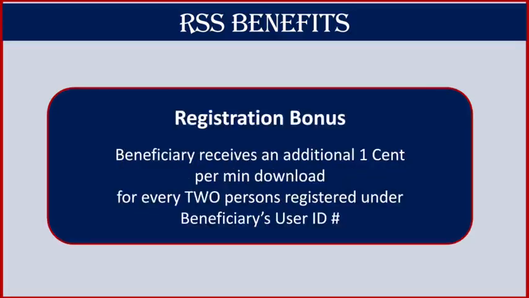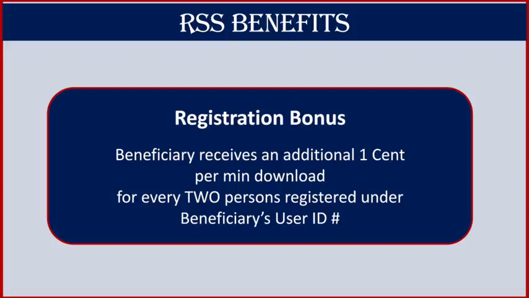The registration bonus, a beneficiary receives an additional 1 cent per minute download for each 2 persons registered under the beneficiary's user ID. So they not only get $50 for each one, but if you get 2 of them, which would give you $100, you get a 1 cent per minute download increase in your account.